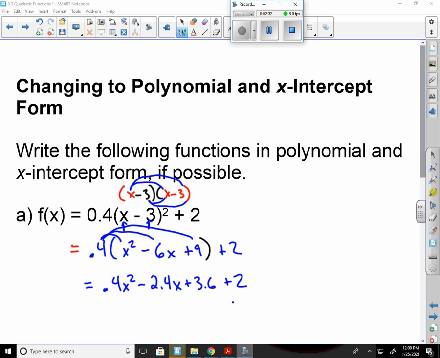And then I can combine my 2 and 3.6. It gives me 0.4x squared minus 2.4x plus 5.6. That is my polynomial form.